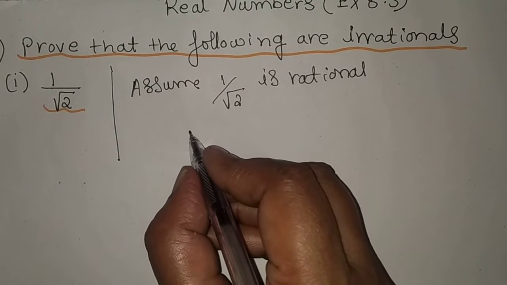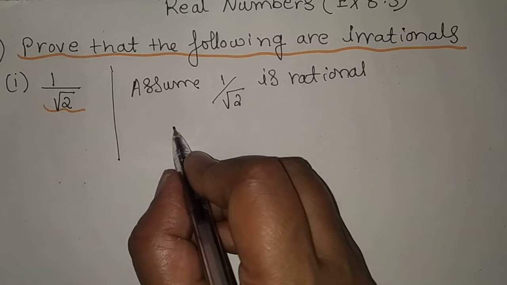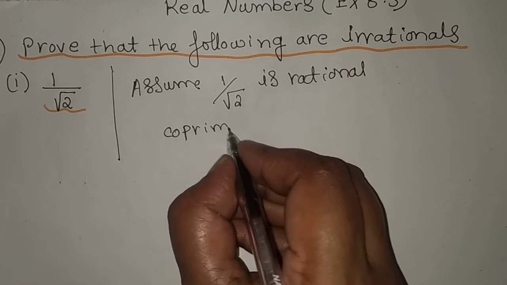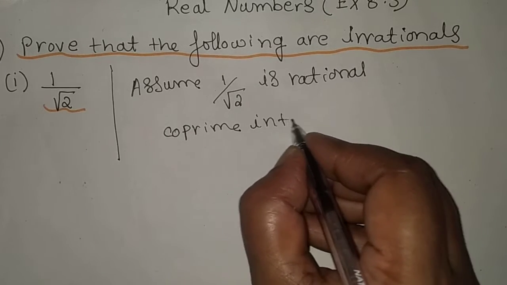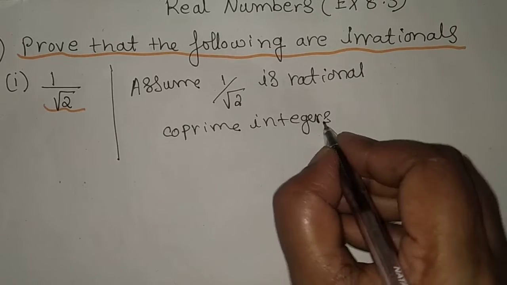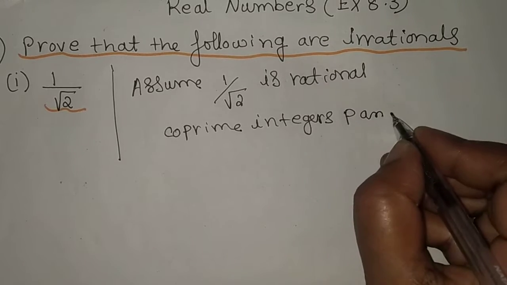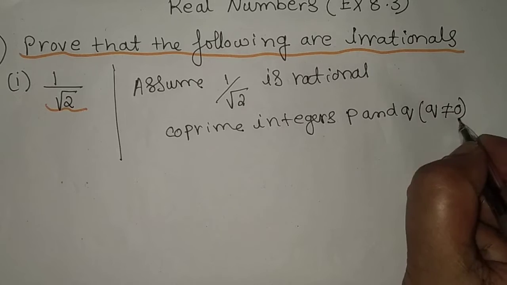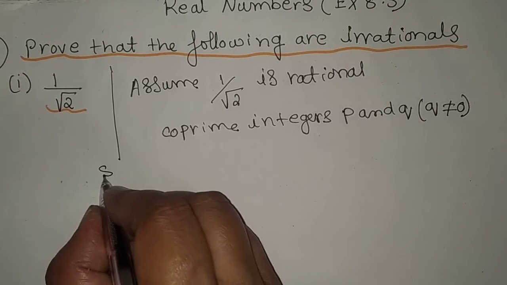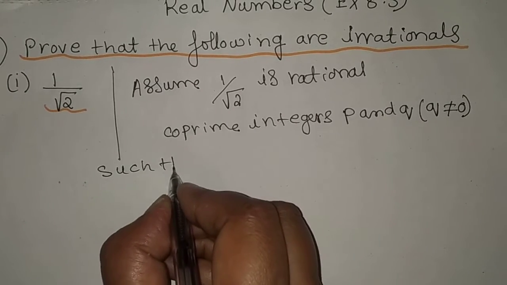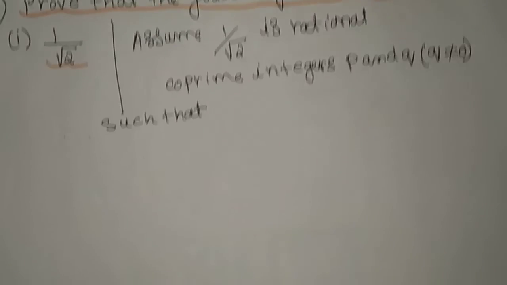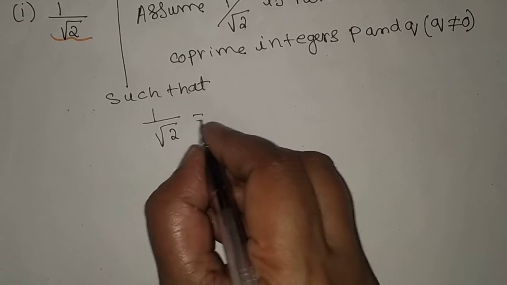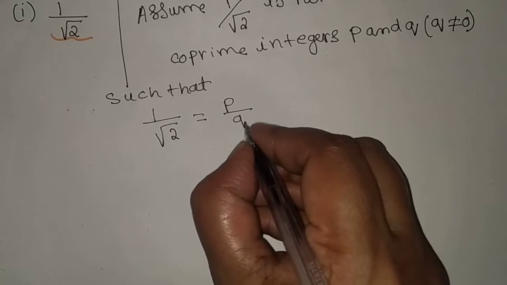So co-prime integers p and q, every time we have to write q not equal to 0, such that 1 by root 2 is equal to p by q.